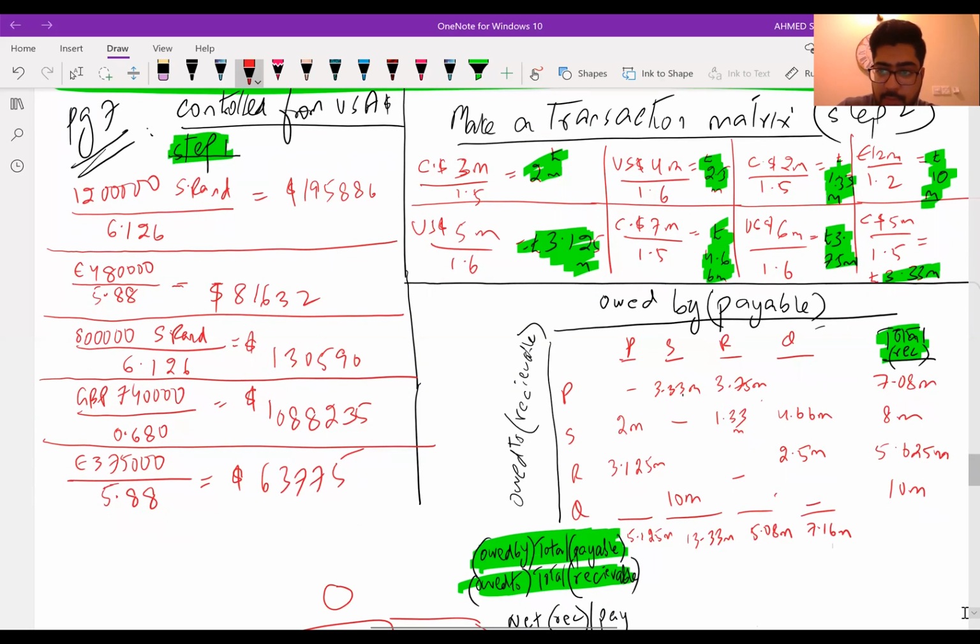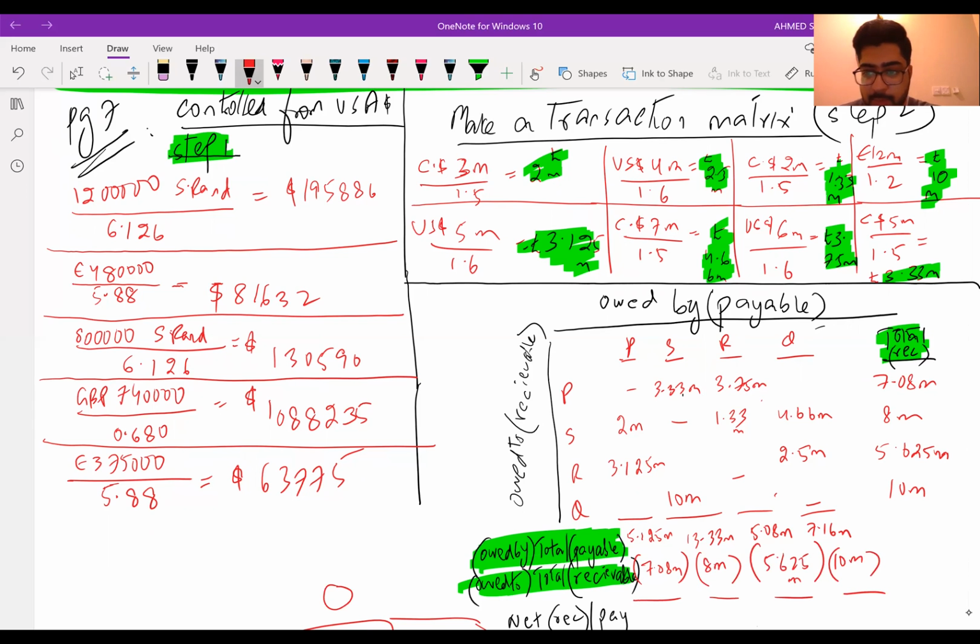The last step is to deduct the P total from P, S total from S, R total from R, and so on. You will get net receivable or payable.